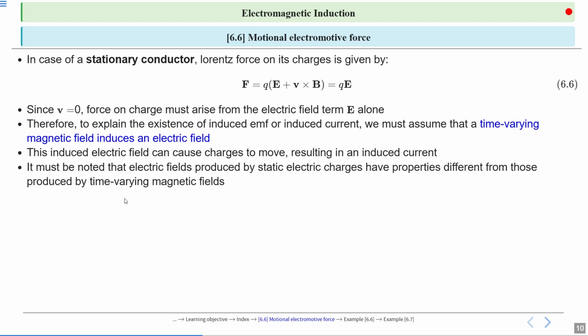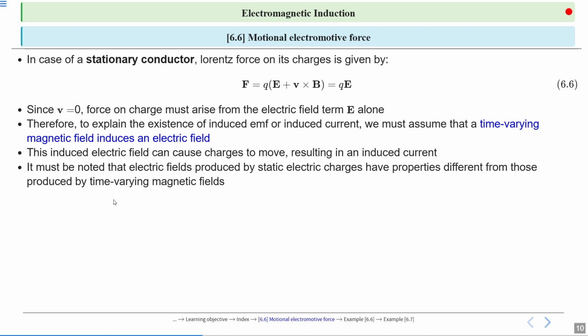Both types of electric fields have different properties.